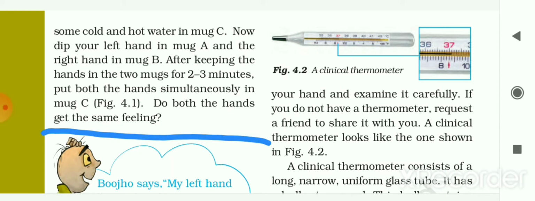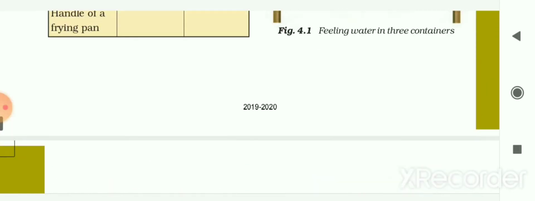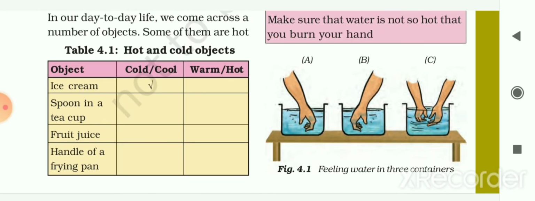After keeping the hands in the 2 mugs for 2 to 3 minutes, put both the hands simultaneously in mug C. Do both the hands get the same feeling? So here, first in mug A you have to pour cold water, then put hot water in mug B, and then in mug C put the mix of cold water and hot water.